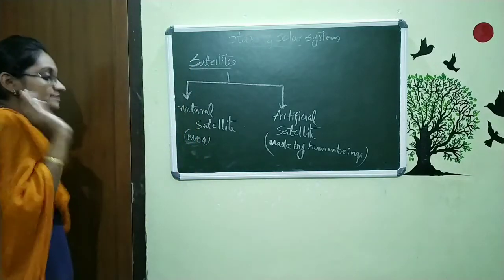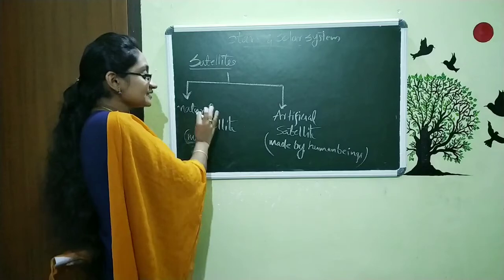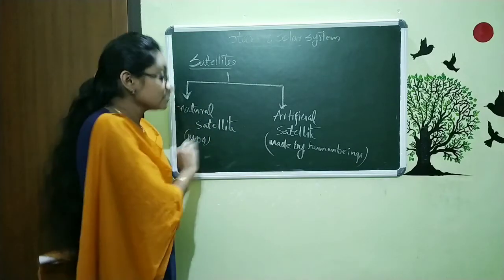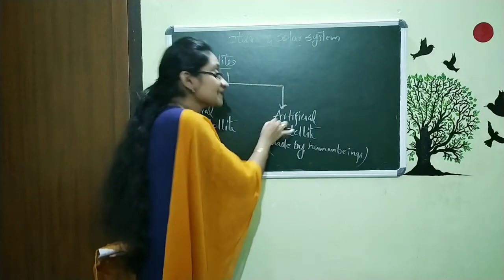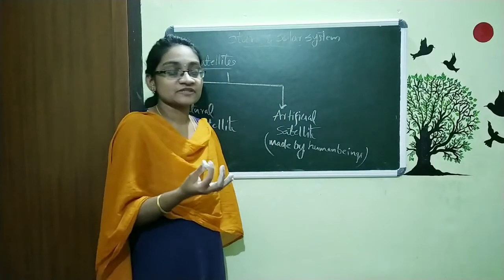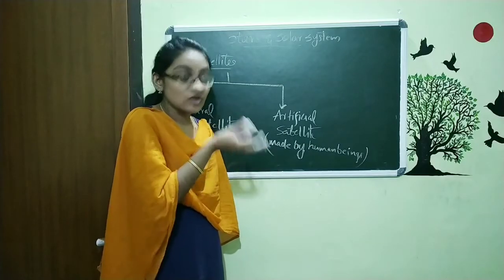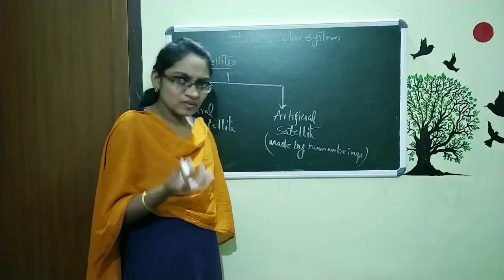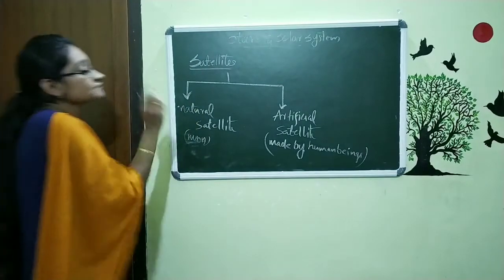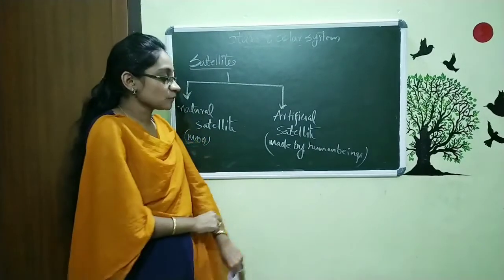The natural satellite is not made by human beings, and these artificial satellites are made by human beings for different purposes, like climate identification, network, or like that. We will discuss it later in your chapter. There is a topic there.